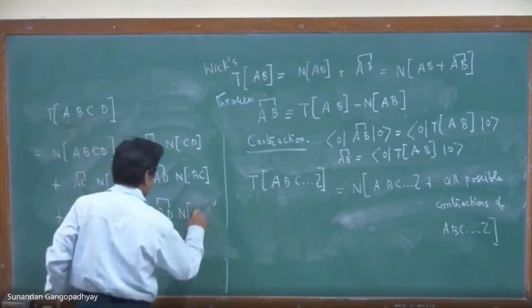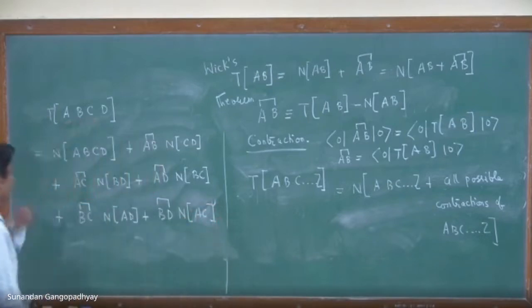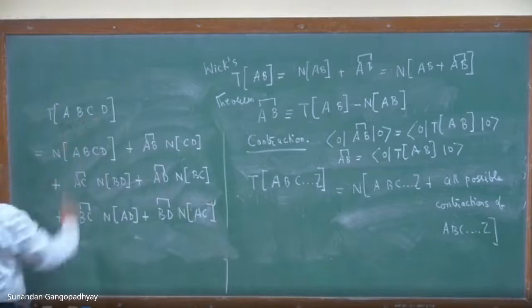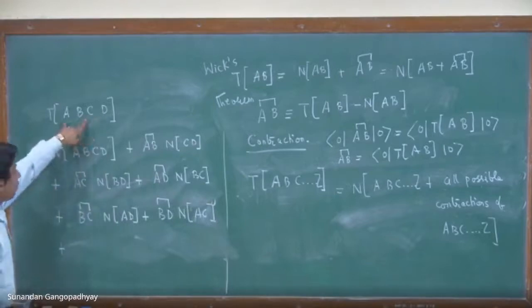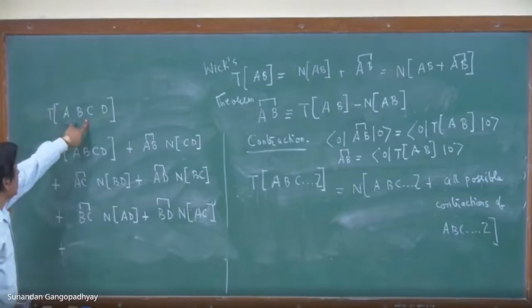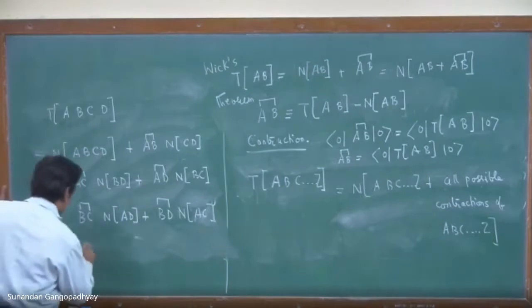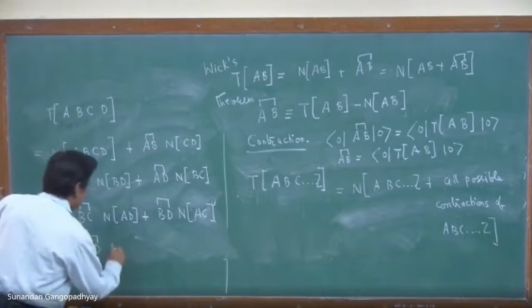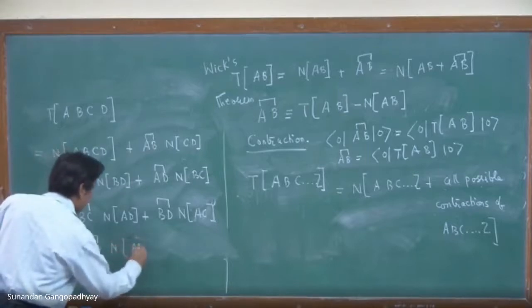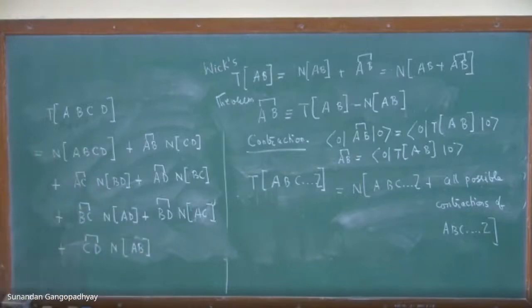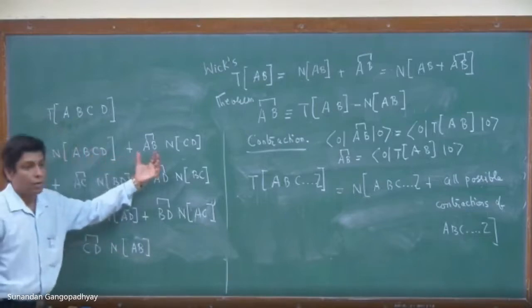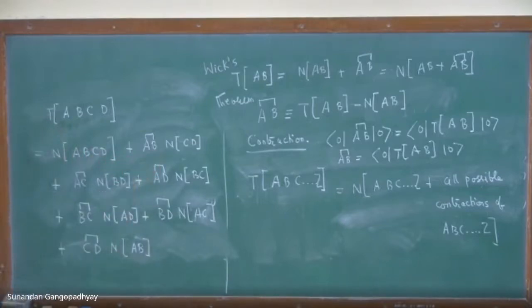So now B is done. Now you take C. C with A is already taken care of, so you don't need to take it. C with B is also taken care of. C with D is not taken care of. C with D is this, then you have the normal order form of AB. Right? So this is all possible permutations where you take the contraction of a pair of operators. So there are how many terms here? 1, 2, 3, 4, 5, 6.